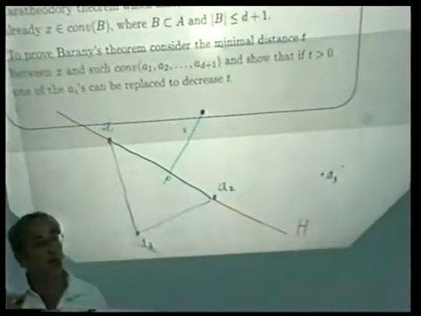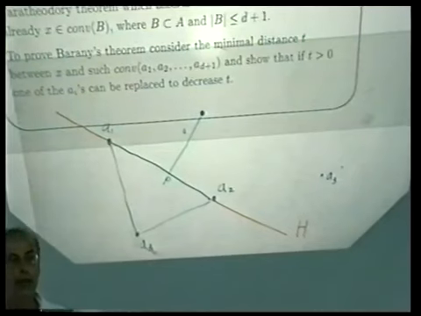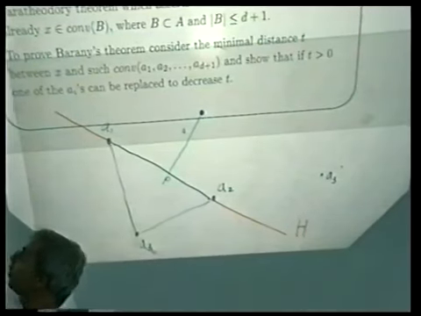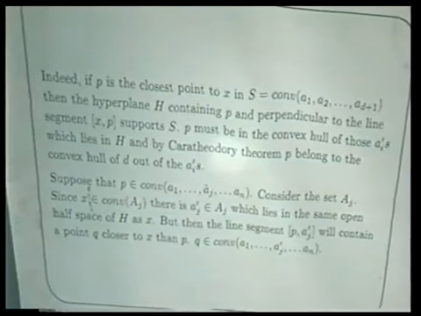So this means we have a chance to reduce the distance by replacing A_J by another point from the set A_J. But why can we do this? Because X belongs to the convex hull of all the points in A_J.